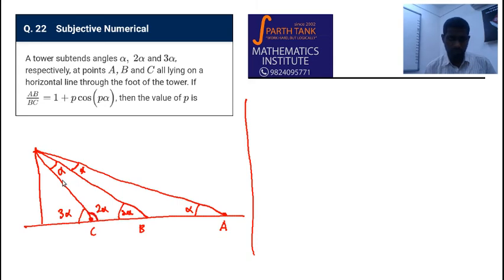So this angle will be alpha plus 2 alpha is 3 alpha, or 180 minus 3 alpha, this angle here. Now in this triangle, let us name this O, AOB is an isosceles triangle because 2 angles are equal. So AB should be equal to OB, right? So AB and OB are equal.